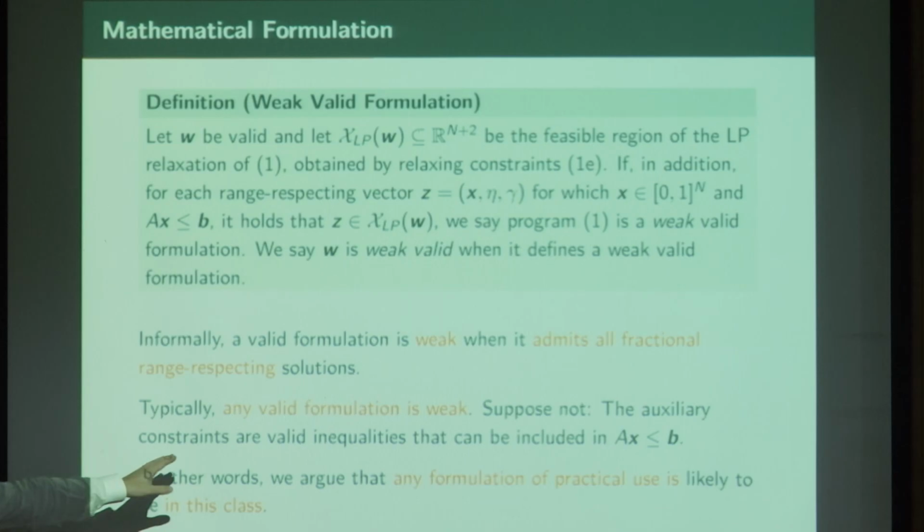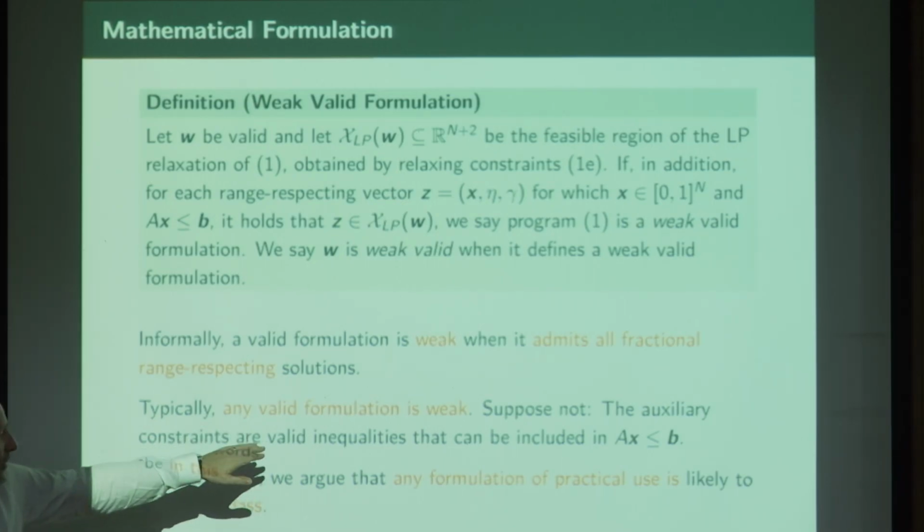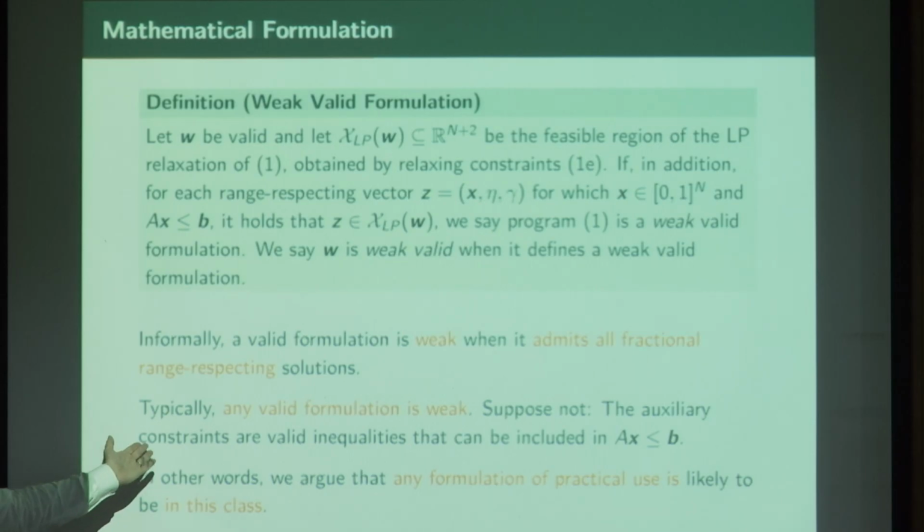Essentially, in those formulations in which you have added a set of constraints to take into account gamma and eta, any valid formulation is weaker because if the constraints that you have added would automatically cut off fractional solutions, then you can include them directly in Ax less or equal than b, and you don't have a problem anymore. So this is automatically done.